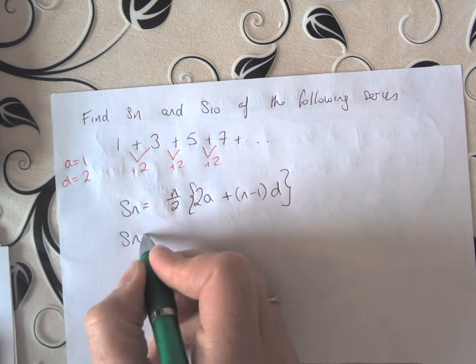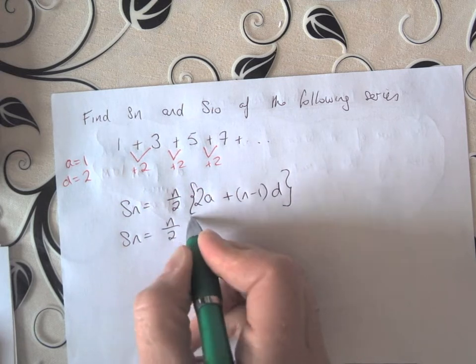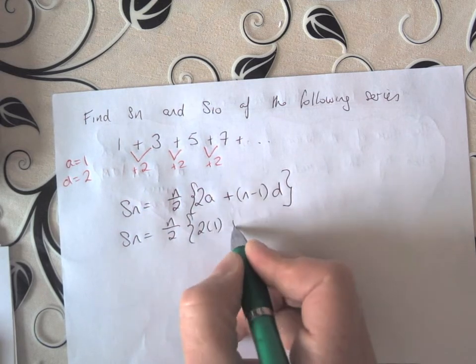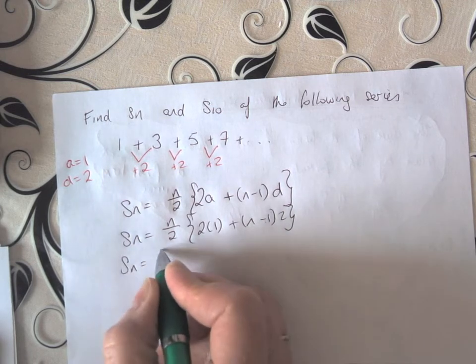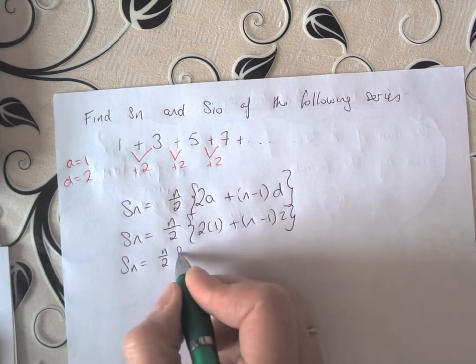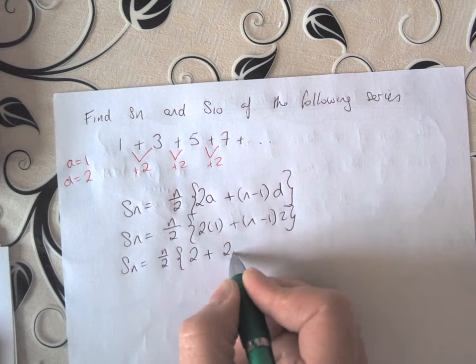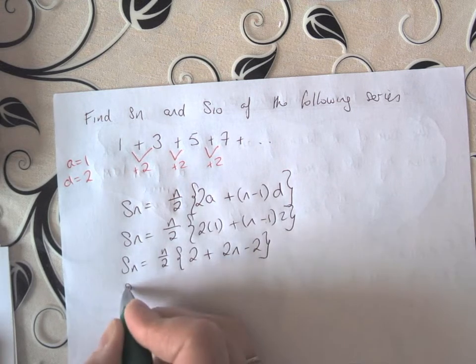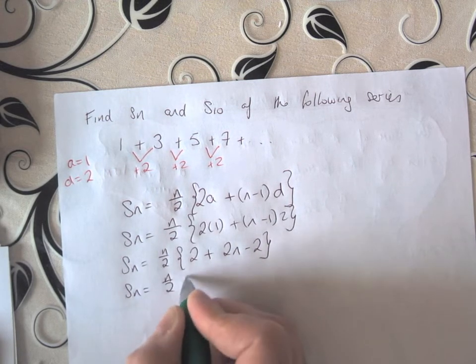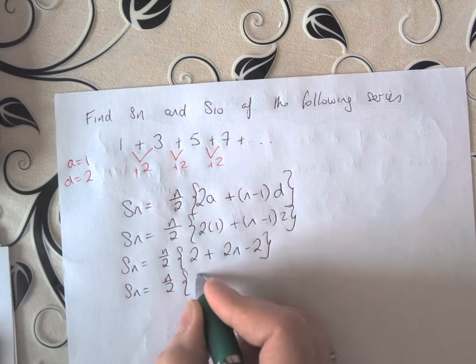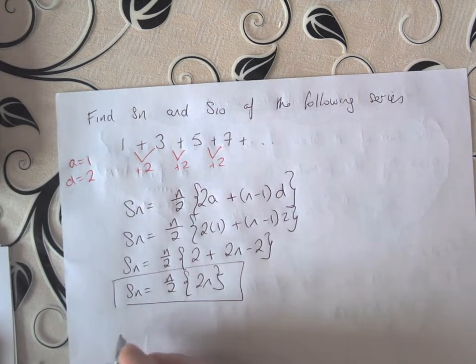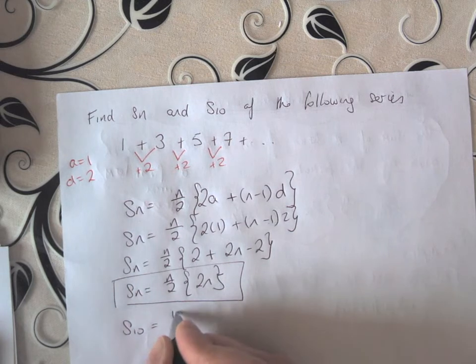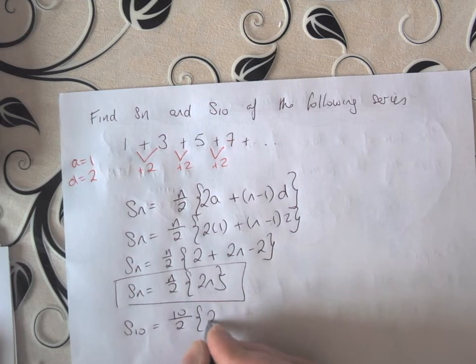So Sn is equal to n over 2, a is 1, d is 2. So 2 take 2 is gone, so you're just left with 2n. So there's your Sn. And then S10, 10 over 2, 2 times 10.